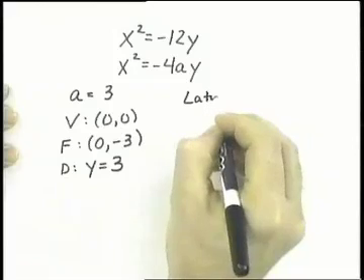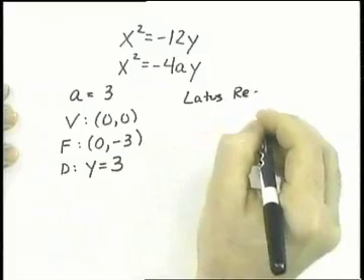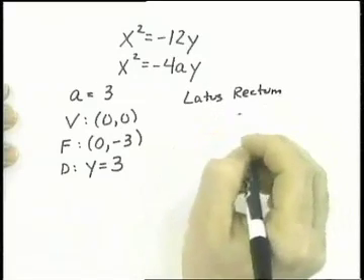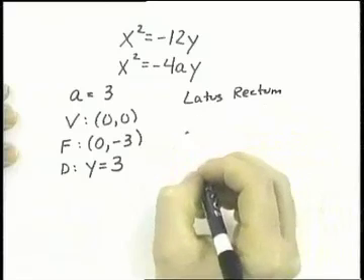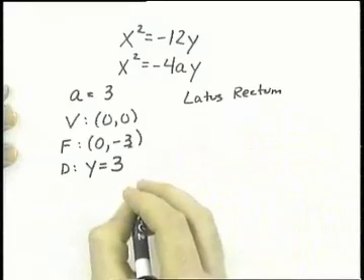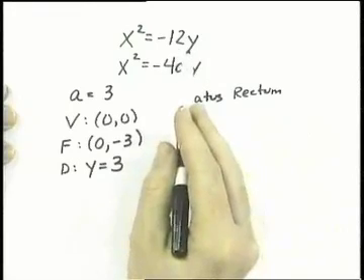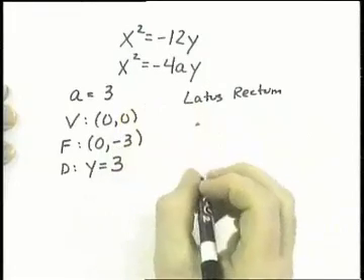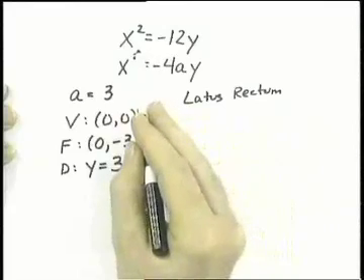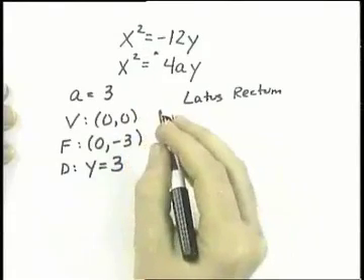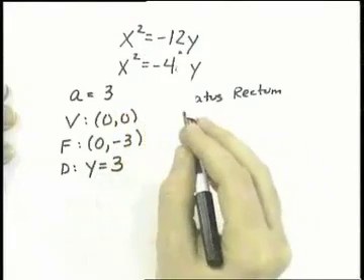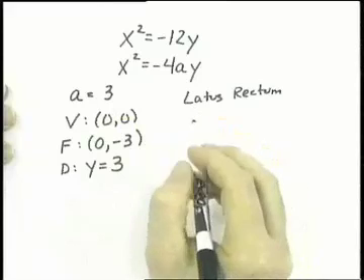While we're here, we might as well find the points that define the latus rectum. The way we're going to find that is we're going to let the y value equal negative 3 in this equation and then find the corresponding x values. In other words, we're going to find the points that are directly to the left and directly to the right of the focus.